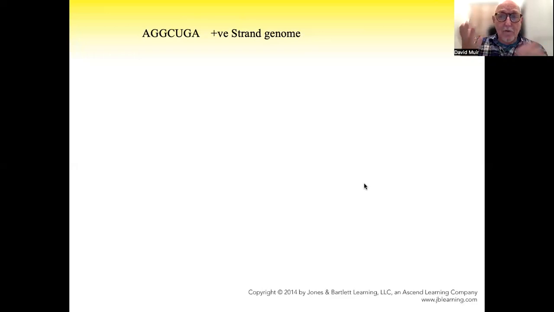So first of all, remember what I told you. Viruses need to do two things once they're inside the host cell. They need to get the host cell machinery to replicate their viral genome. That's number one. They need lots of copies of the viral genome so that every new viral particle that is constructed has its own copy of the genome. The second thing is to make all the viral proteins.